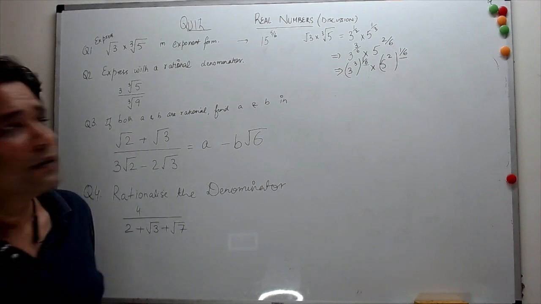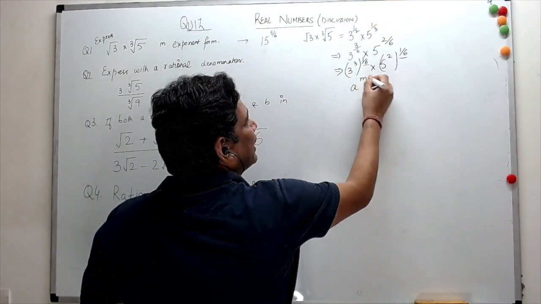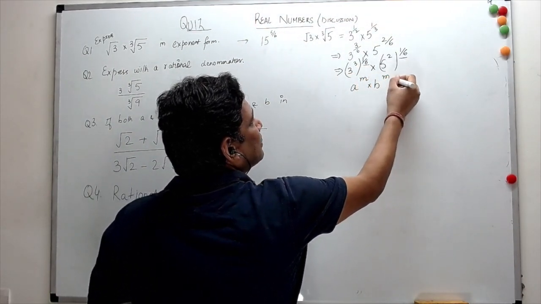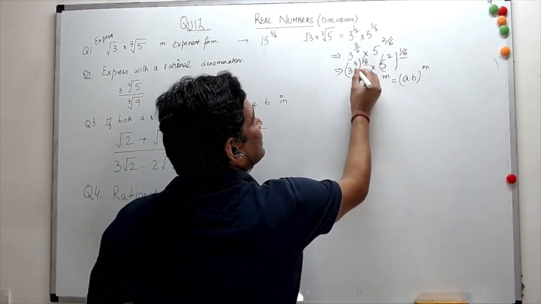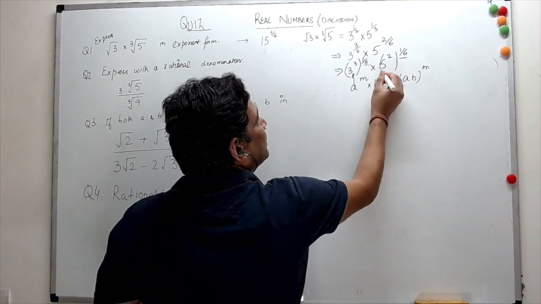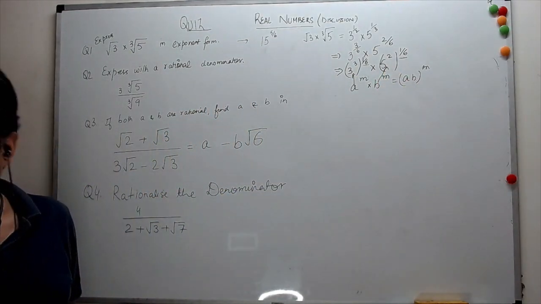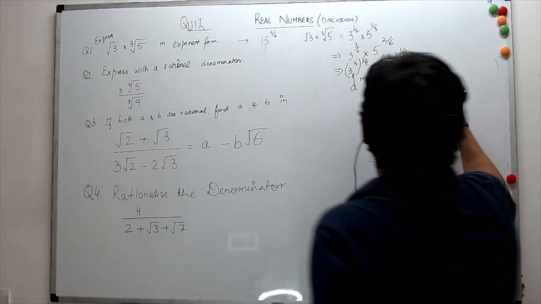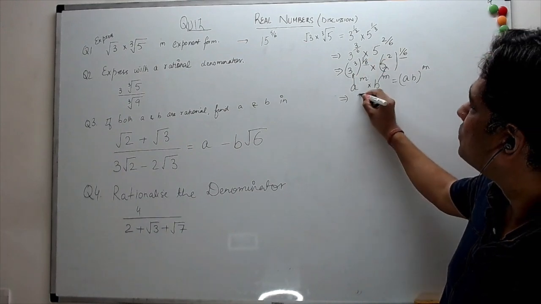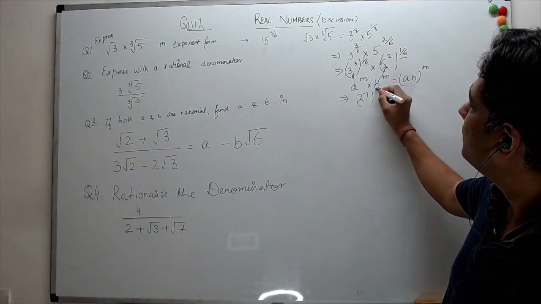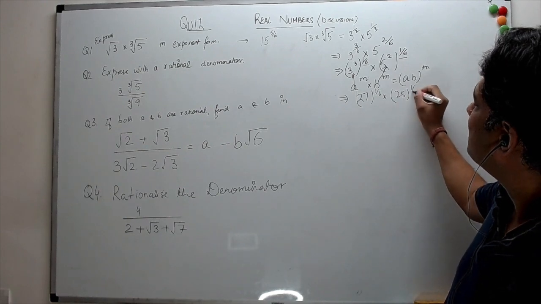So that means it is now of the form a raised to the power m into b raised to the power m, giving ab raised to the power m, where a is this term in the bracket and b is this term in the bracket. So I can write it as 3 cube, which is 27, raised to the power 1 by 6, into 25 raised to the power 1 by 6.